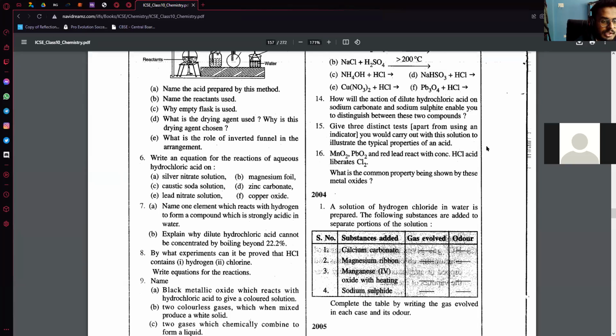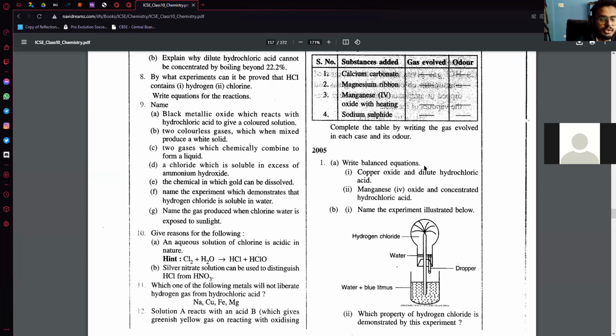So now there are a lot of ICSE questions. Write a balanced equation for copper oxide and dilute hydrochloric acid. Copper oxide is not an oxidizing agent. So when copper oxide and hydrochloric acid react, we get copper chloride.